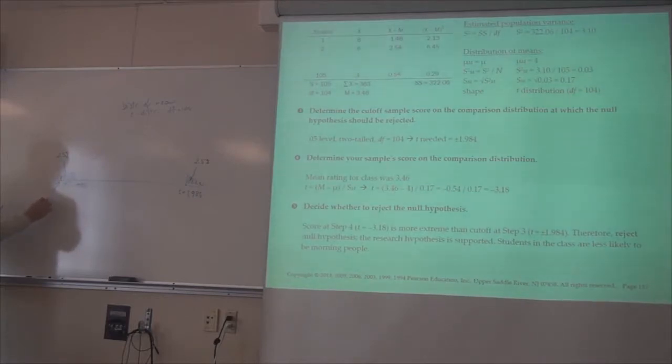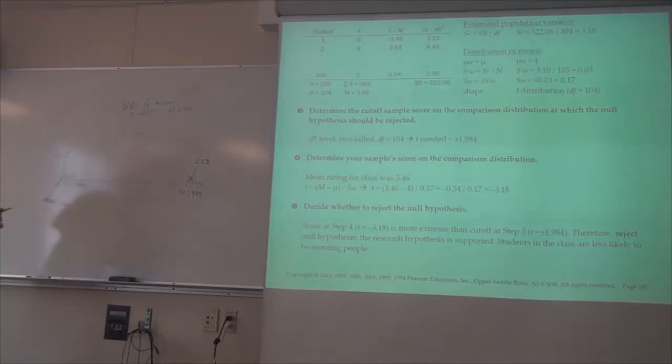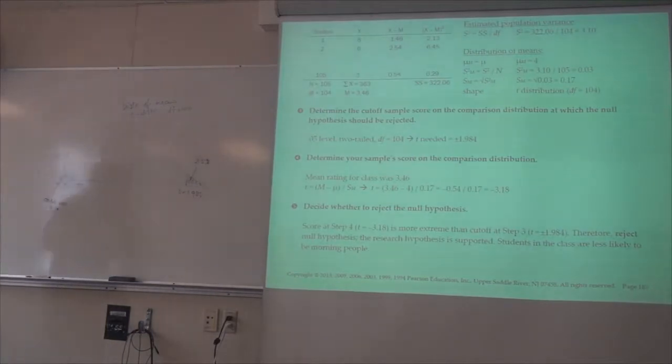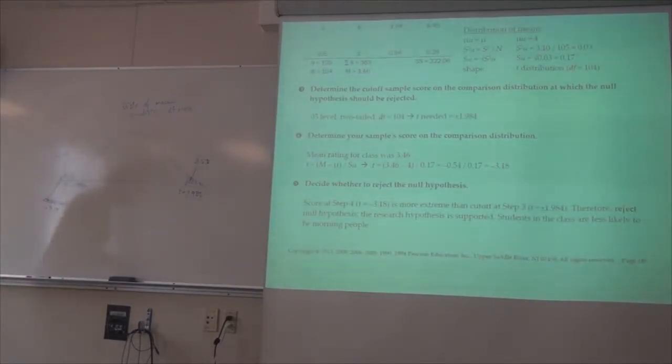So I'm observing negative 3.18. I can again say that it's significant enough to reject the null hypothesis in support of the research hypothesis that the means are actually significantly different.